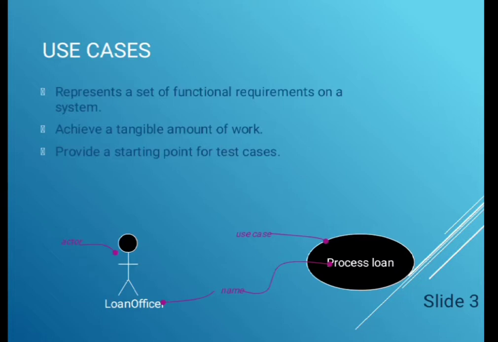Use cases represent a functional requirement on a system. A use case is a description of a set of sequences of actions that a system performs to yield an observable result of value to an actor. In object-oriented software engineering, Jacobson in 1992 described a document of the sequence of events of an actor using a system to complete a process.